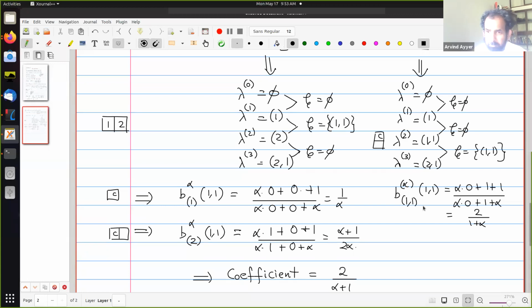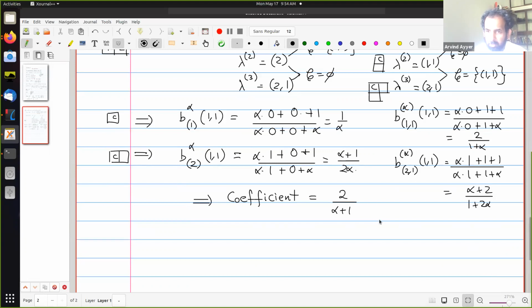And B alpha 2, 1 of the same cell 1, 1 is, okay, see? Now both the arm length and leg length are 1. So alpha times 1 plus 1 plus 1 divided by alpha times 1 plus 1 plus alpha. That is alpha plus 2 by 1 plus 2 alpha.